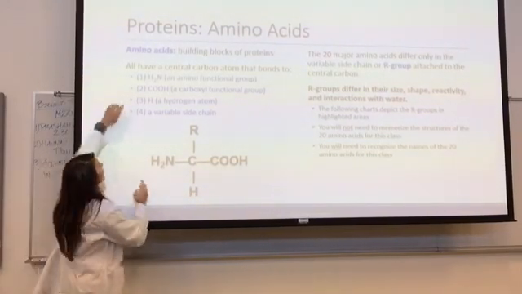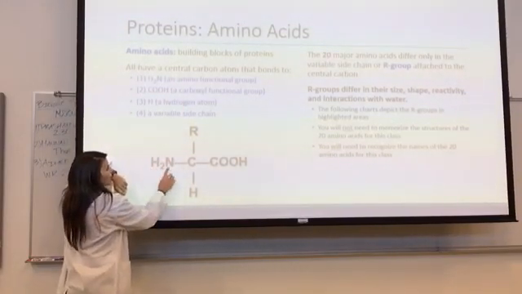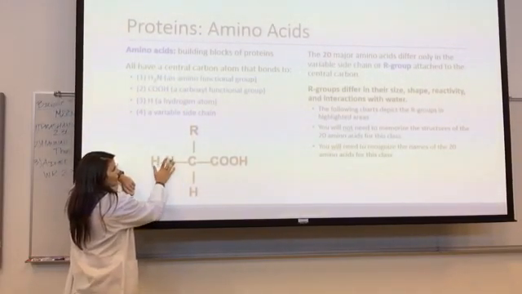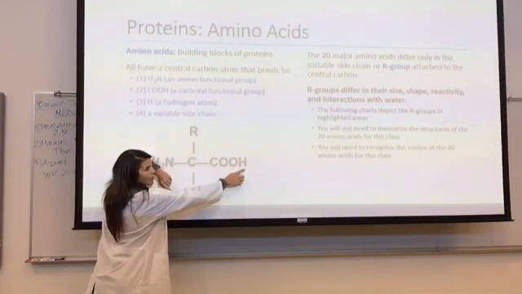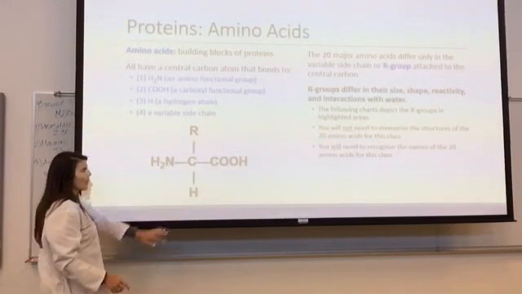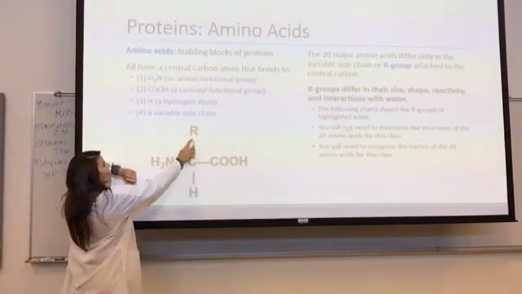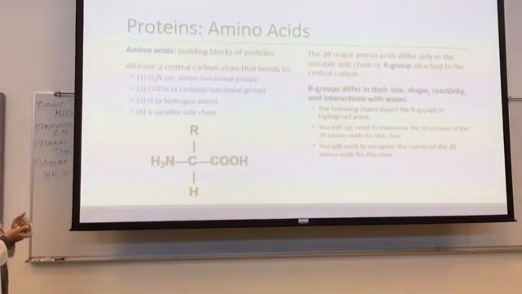So I tell you here, we have an amino functional group right here. That's where the nitrogen is. This is an amino group. Then it tells you here we have a carboxyl. And then it tells you here we just have a hydrogen hanging out by itself. And then we have a variable side chain or an R group.